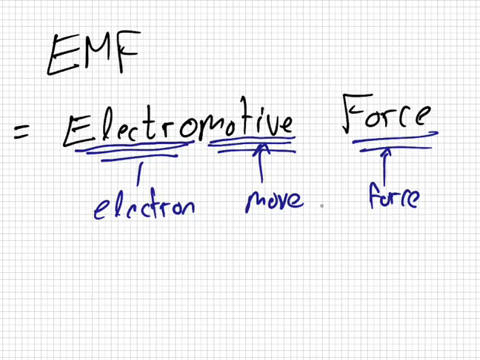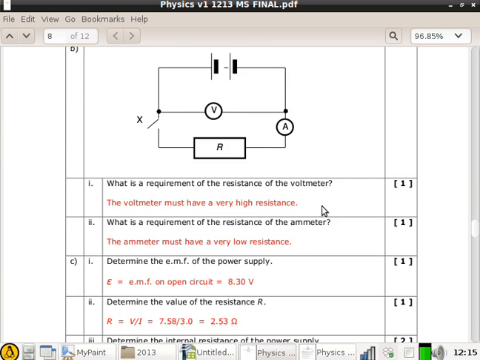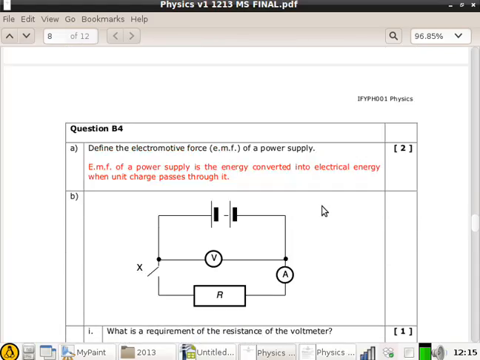Now, that definition is not a formal definition. It's just a definition to get you to understand it. In the exam, this is now getting into the formal definition. If we look at the exam, EMF of the power supply is the energy converted into electrical energy when a unit charge passes through it.